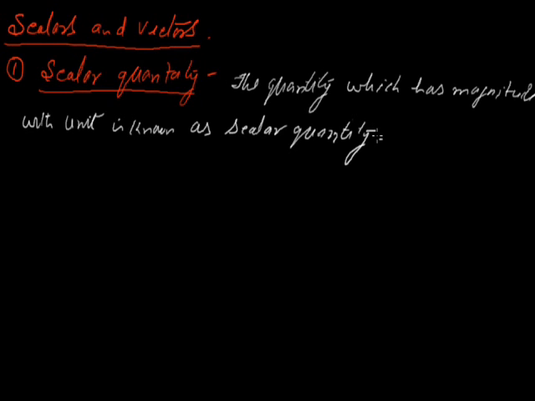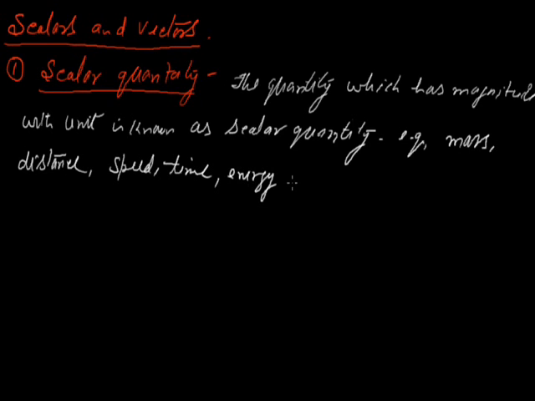There is no need to explain a scalar quantity by direction. Direction is meaningless in a scalar quantity. Examples: mass, distance, speed, time, energy, etc. There are so many scalar quantities.